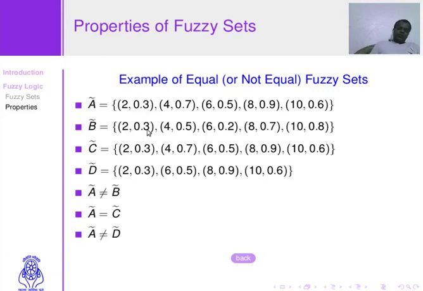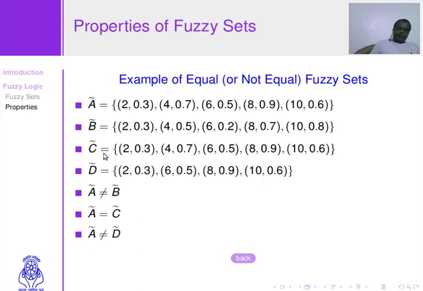But for the element 4, the degree of membership in fuzzy set A is 0.7 and its degree of membership in fuzzy set B is 0.5, which are not equal. So that's why we say that fuzzy set A and fuzzy set B are not equal fuzzy sets.